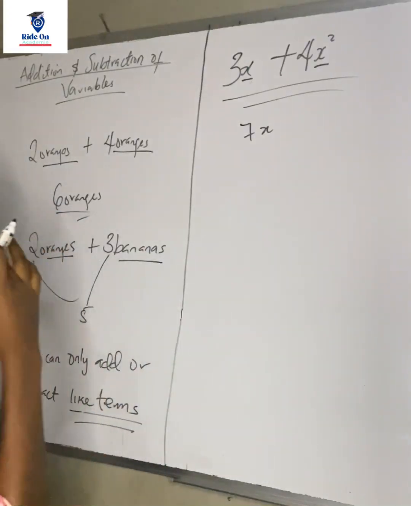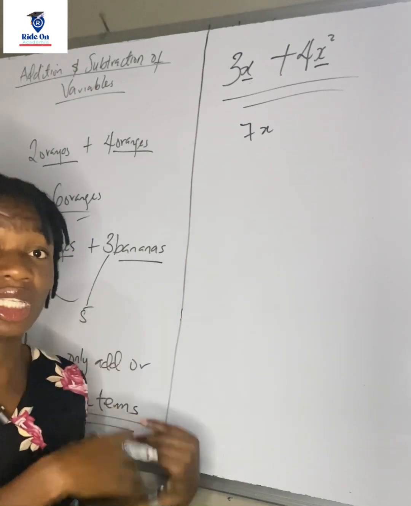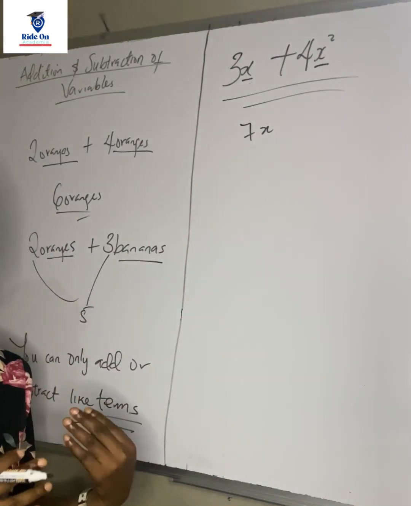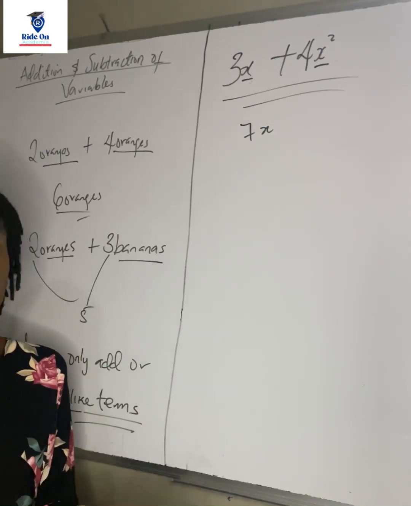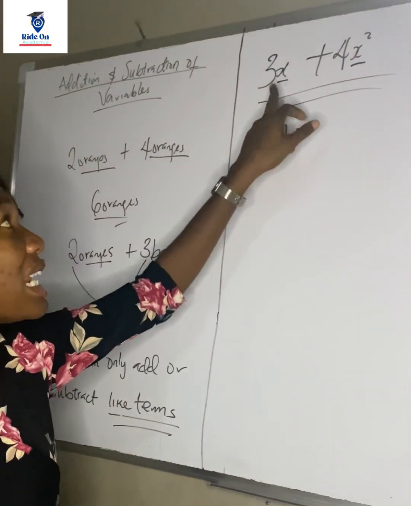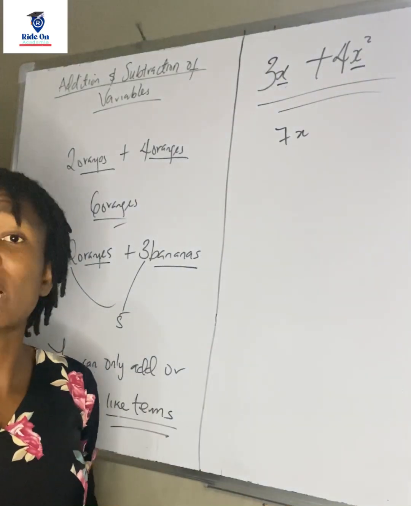This rule only applies to addition or subtraction. Where you want to add or subtract variables or surds, as the case may be, you have to ensure that the terms are like terms. That is, the variables have to be the same, or the surds also have to be the same.